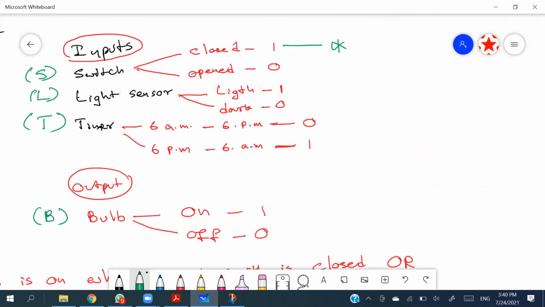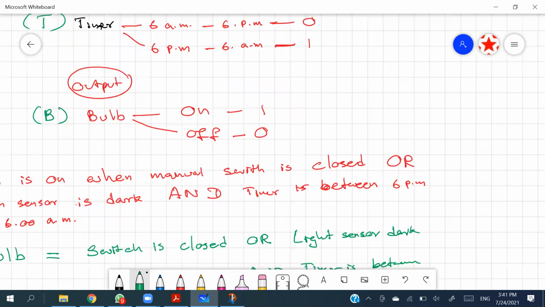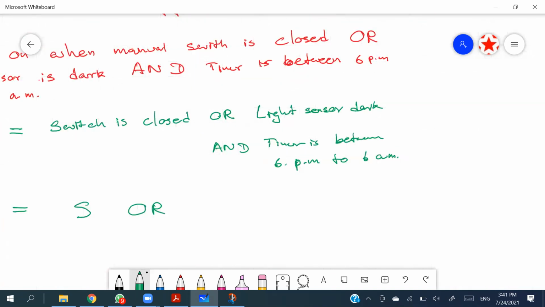Now look: light sensor dark equals 0, so we can't take L in that place. Instead we take L bar, or in other words, not L. 1 is the value which indicates the variable as it is, and 0 is the complement of it. So we have L bar.